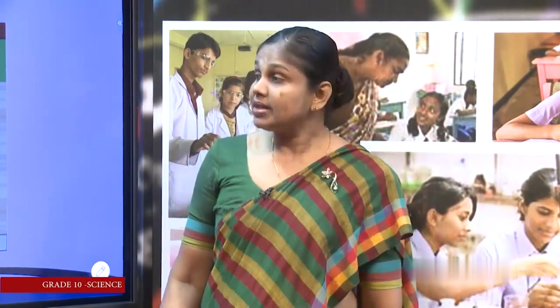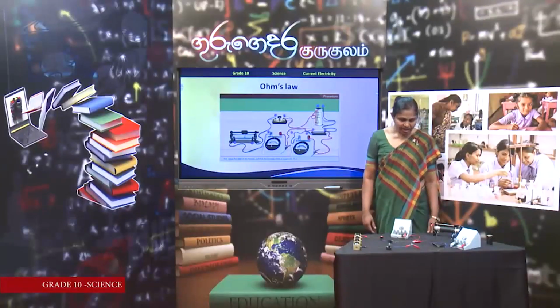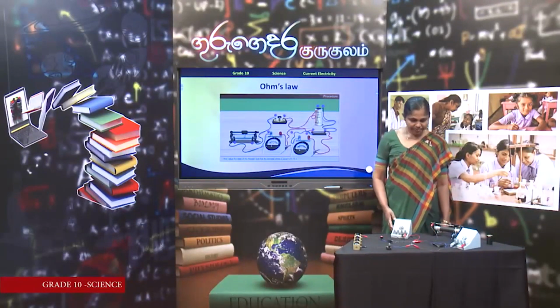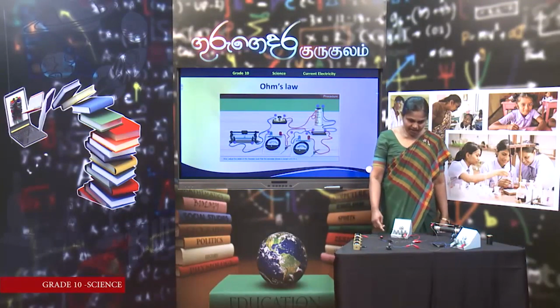This is really an experimental circuit setup. You can see here on the screen the circuit setup that we have to prepare. Right now, I am going to show you how this particular circuit is constructed. Look here, children.